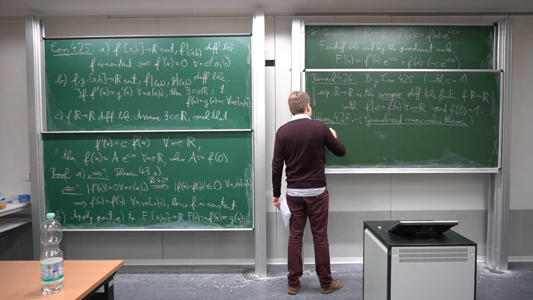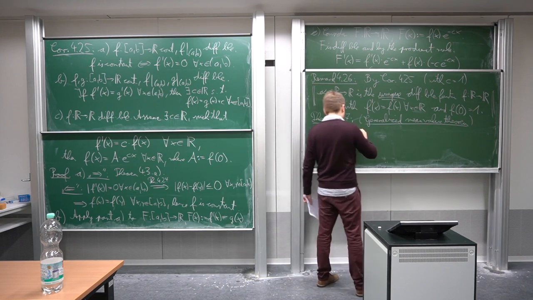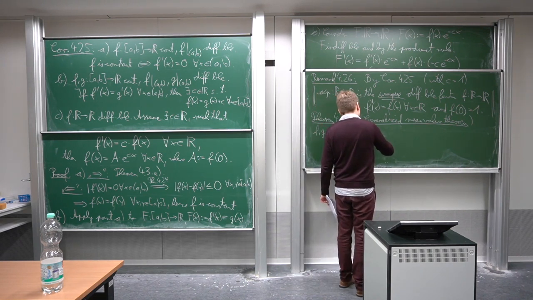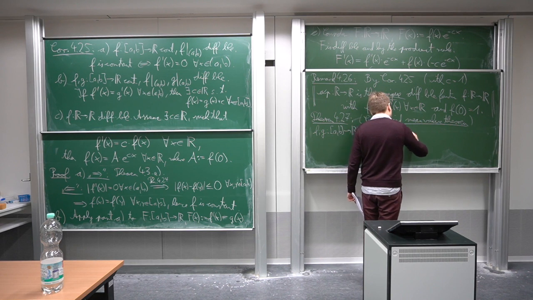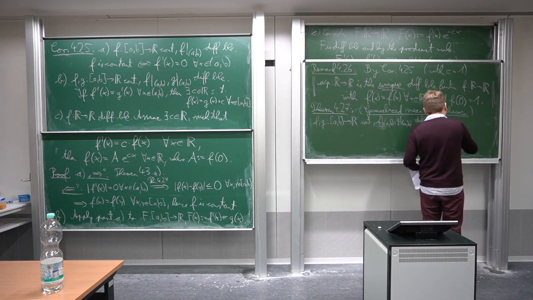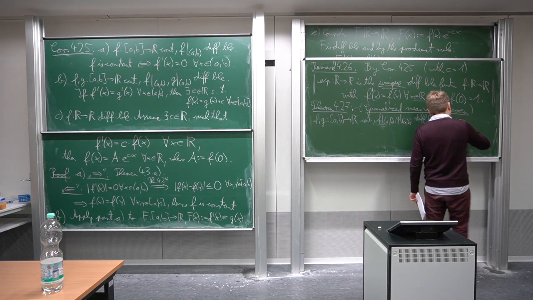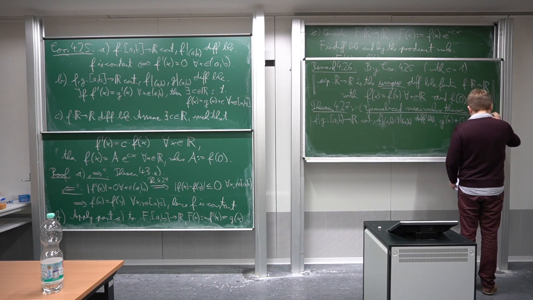Okay, f and g are now two functions, both going from [a, b] to R, both continuous, and both restrictions to the open interval (a, b) are differentiable. And I assume that g prime is always non-zero, so g prime of x is non-zero for all x in this open interval.